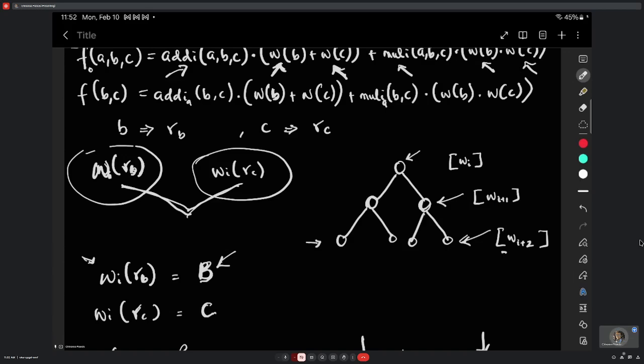When you say W2, it means everything on that layer. Then when you do W2 of b, it means we are just picking the value at that particular b index.